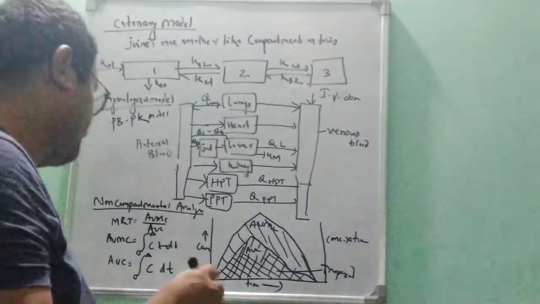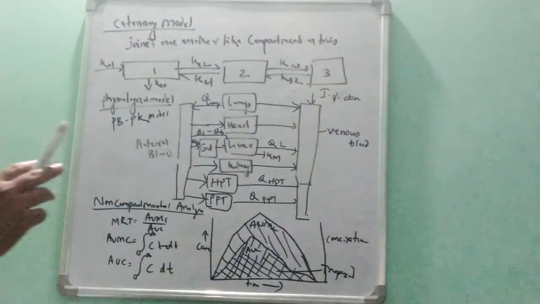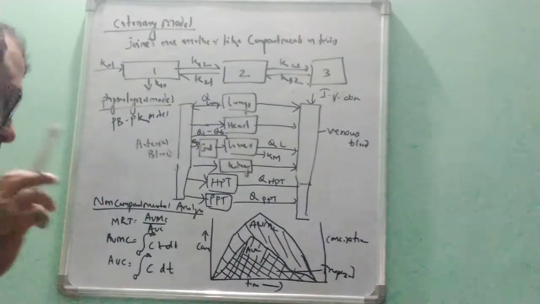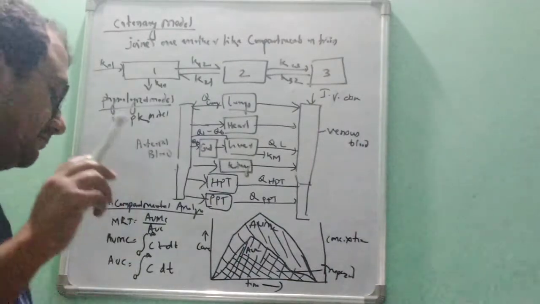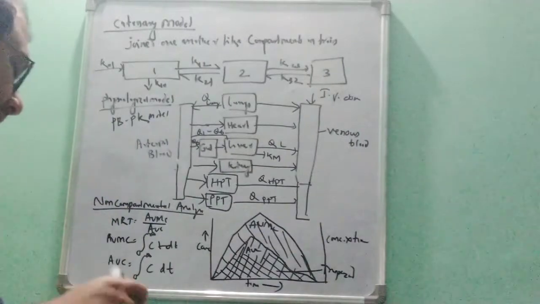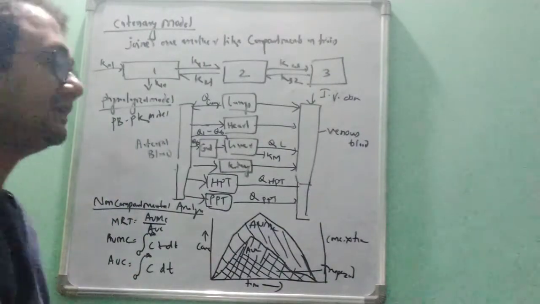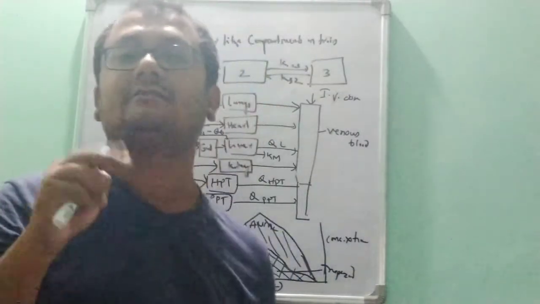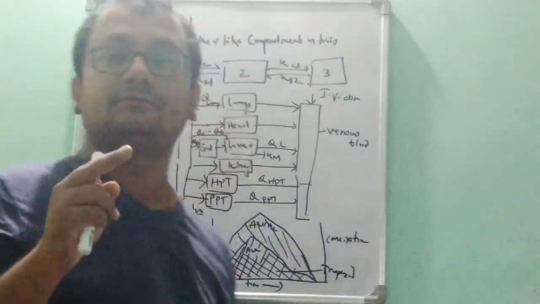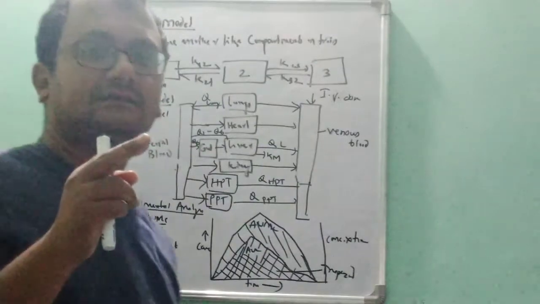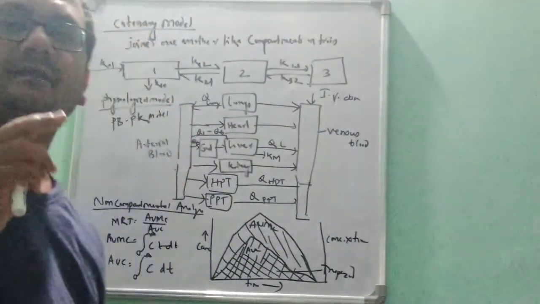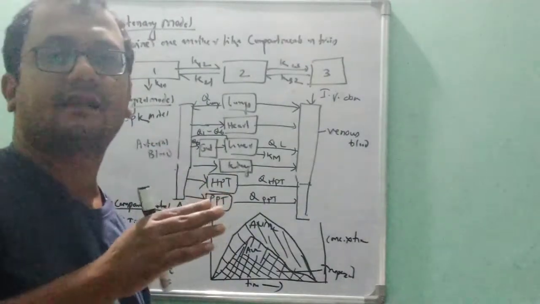Generally, physiological models are categorized into two types: blood flow rate limited and membrane permeation rate limited, because these two factors, as I already told you, affect bioavailability: one is absorption, the other permeation.